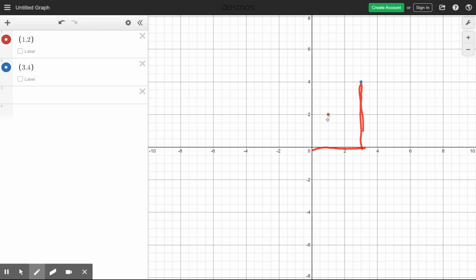So, for example, if I go from the point (1, 2) to the point (3, 4), I have to go up 1, 2, and then over 1, 2. So I went up 2, over 2. So my slope is the rise over the run.